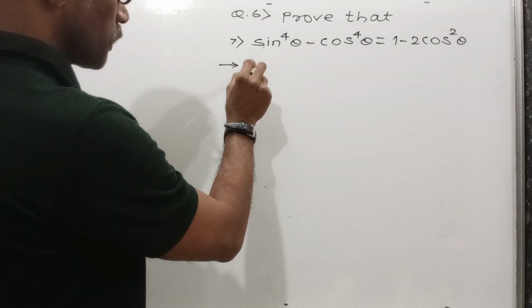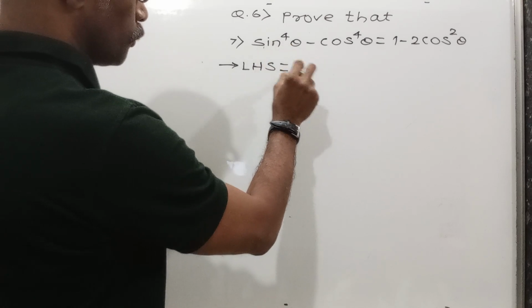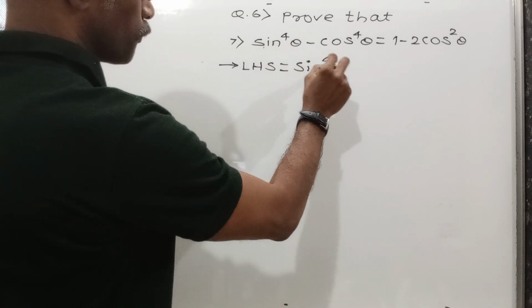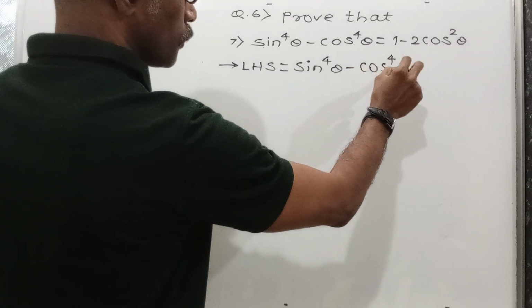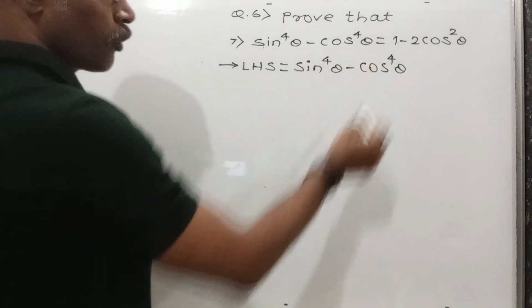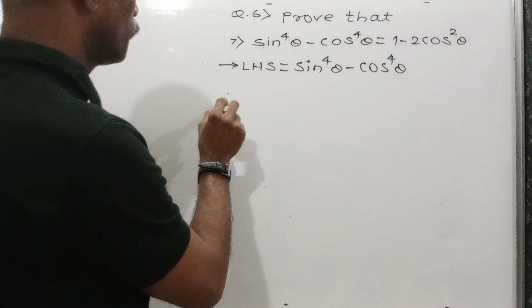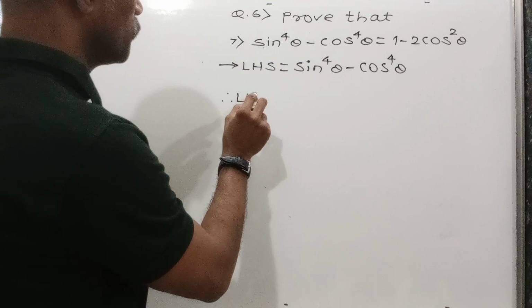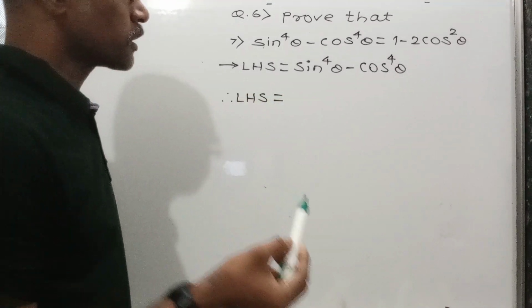See here, first I will write the LHS. LHS is equal to sin⁴θ − cos⁴θ. We don't know a formula for raised to 4, so we reduce this into squares, and we know formulas for squares.